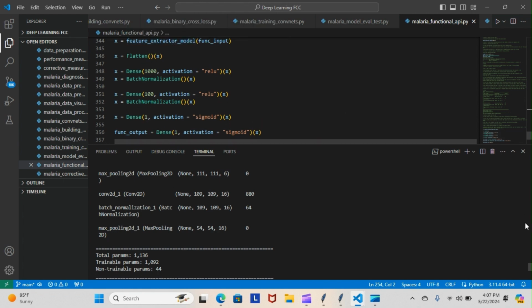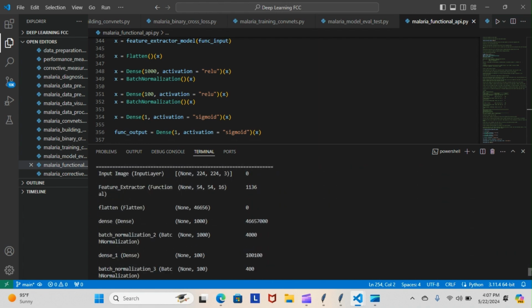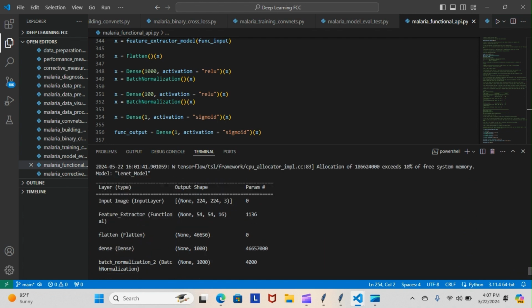I went ahead and ran it to see if we can bring back the entire model, which we did. Here we have our feature extractor, and you can see the numbers match up: 54, 54, 16. This represents all of our feature extraction data, the Conv2D, the max pooling, and everything else, condensed into this one x feature extractor model function. Then we have our classifying information as usual.